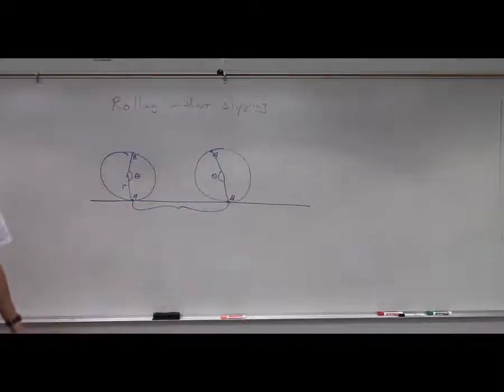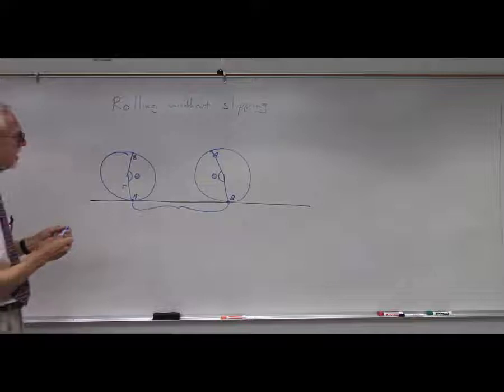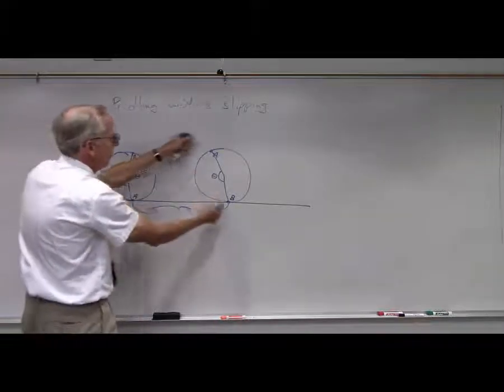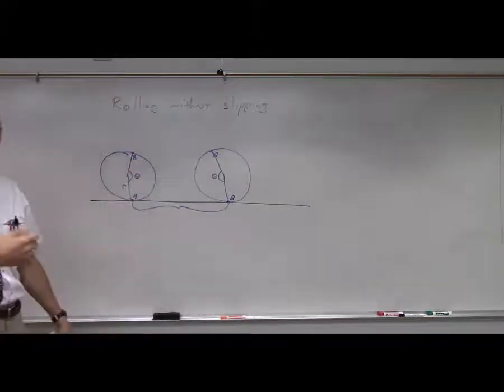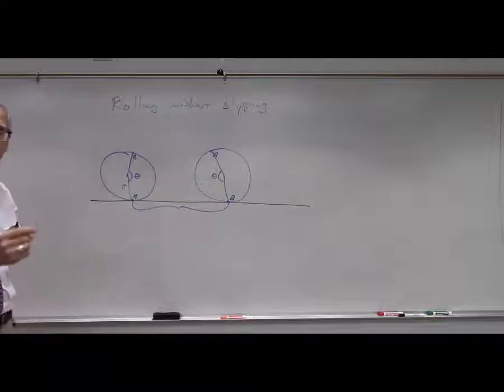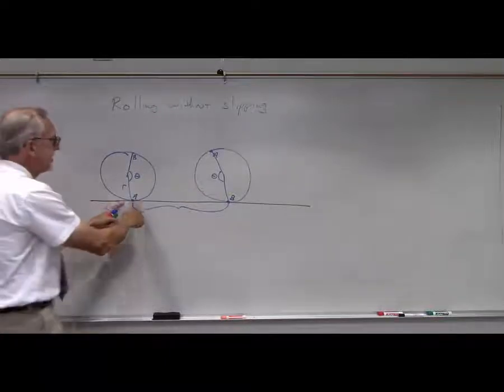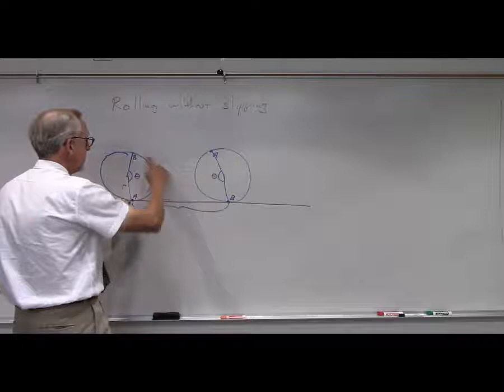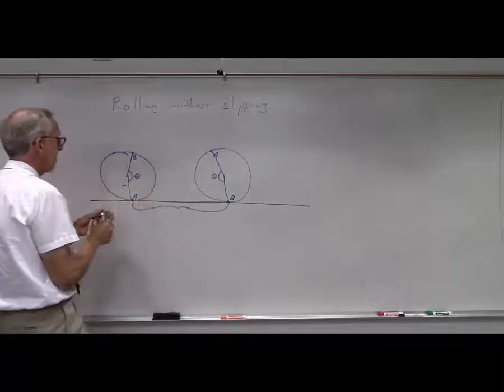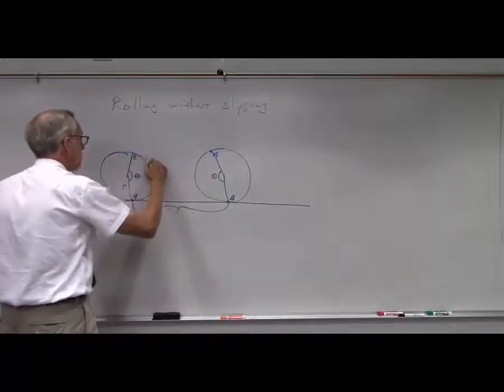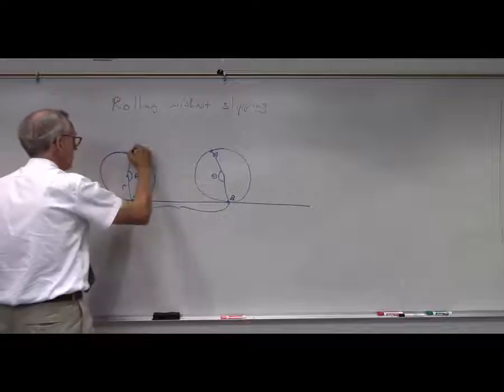How far is that? Well, if the wheel remains in contact with the ground the entire time, if it rolls without slipping, and this is the important point, this distance is going to be the same as the arc length along that wheel there.